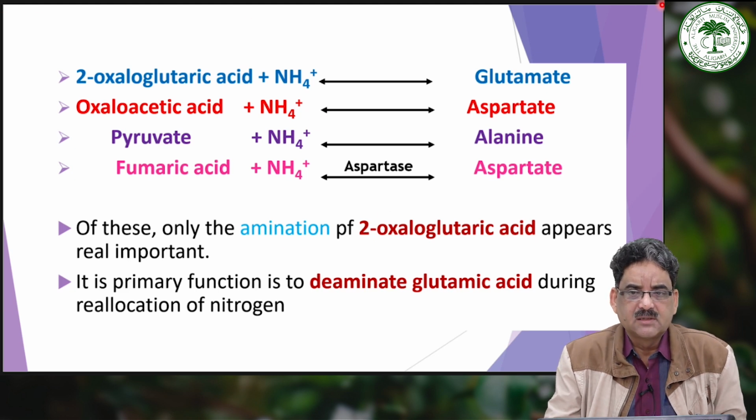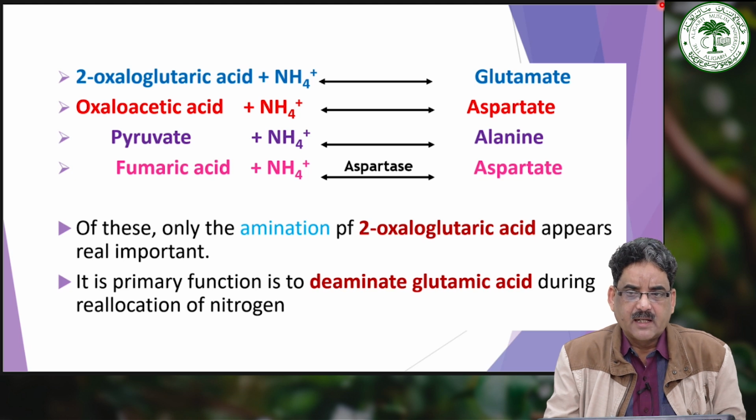Understanding these processes is crucial for comprehending the intricate biochemical pathways involved in amino acid biosynthesis and nitrogen metabolism in living organisms. These mechanisms contribute to the synthesis of essential building blocks for proteins and other crucial cellular components.